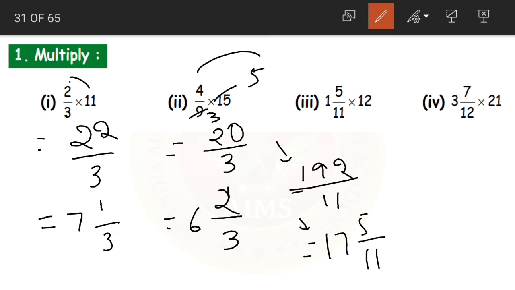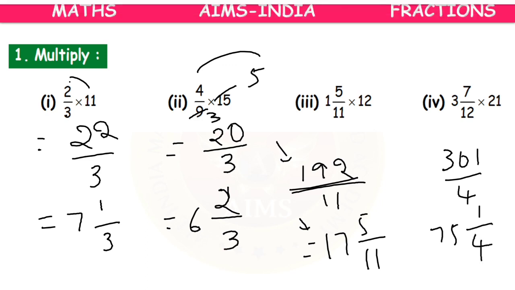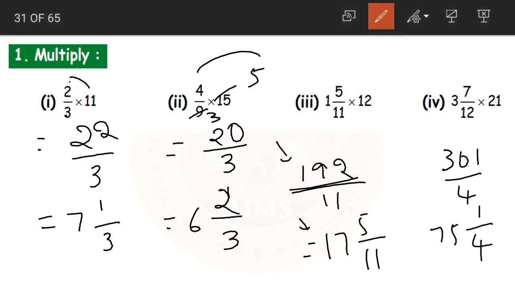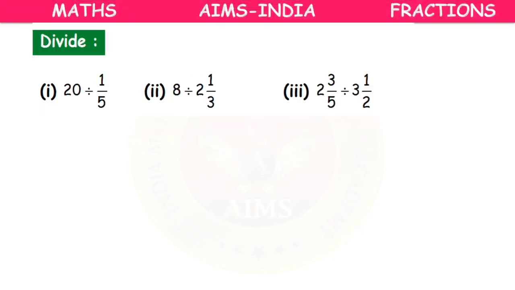Coming to the fourth question, 3 7 by 12 into 21, the answer becomes 301 by 4, or when converted into a mixed number it becomes 75 1 by 4. Please try solving question number 3 and 4 and make sure that you get these two answers.